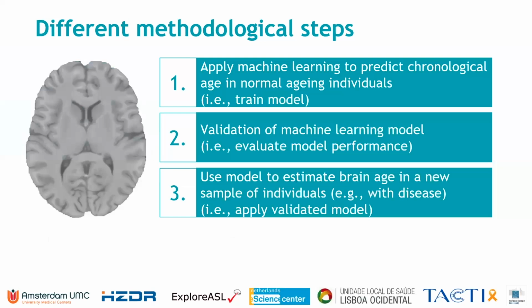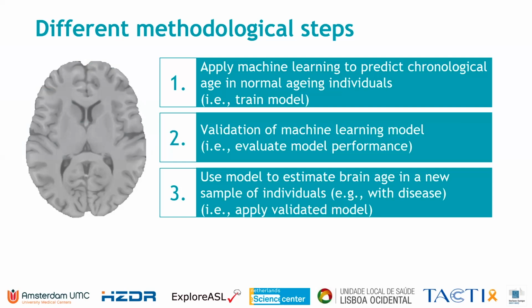So I'll now take you through some of the methodological steps that are used to actually get to that single number that we could potentially use as a proxy of brain health. I'll outline them now, and then guide you through it step by step, including some of the considerations.